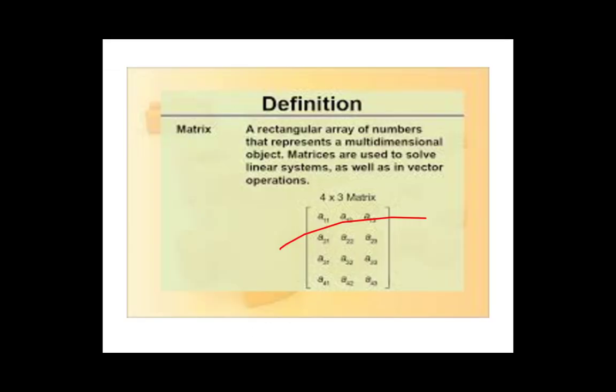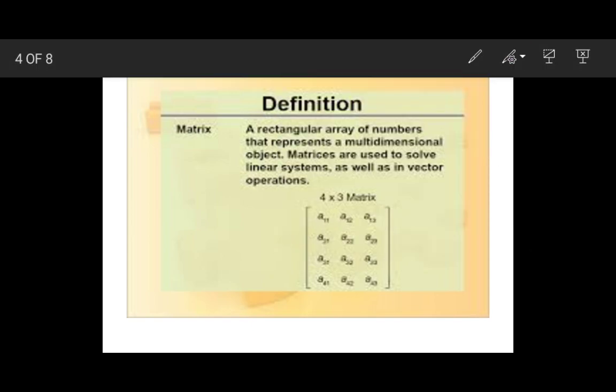Now let's see the mathematical definition. The mathematical definition says that a rectangular array, this arrangement written in rows and columns, is known as an array. This is a rectangular array of numbers that represents a multi-dimensional object. Matrices are used to solve linear systems as well as in vector operations.